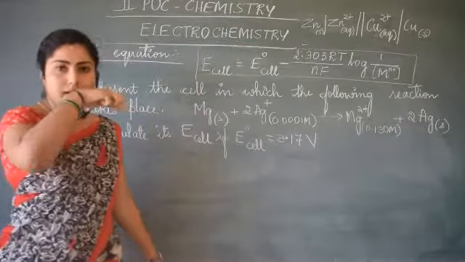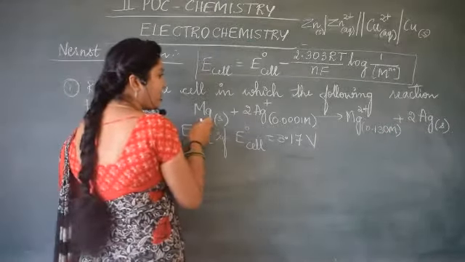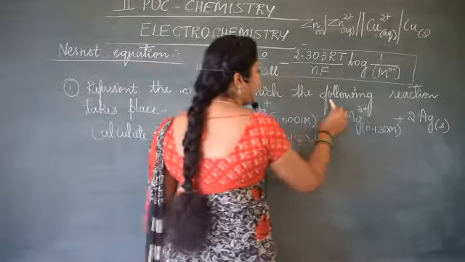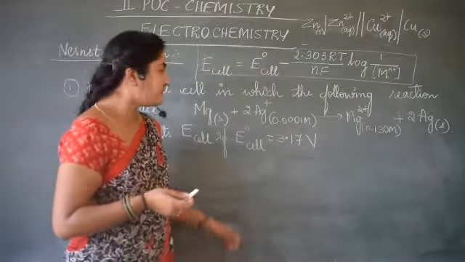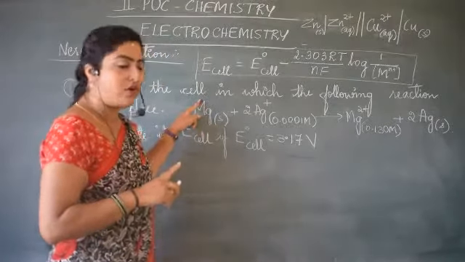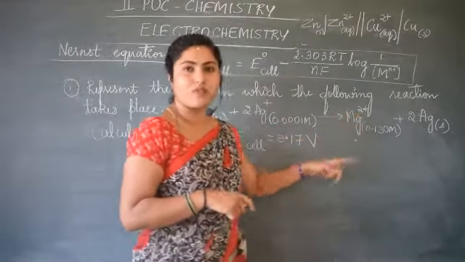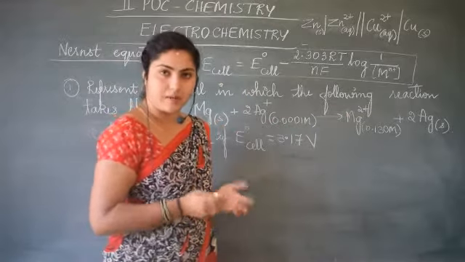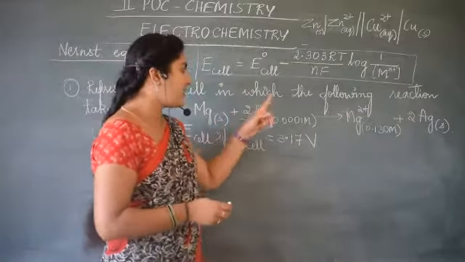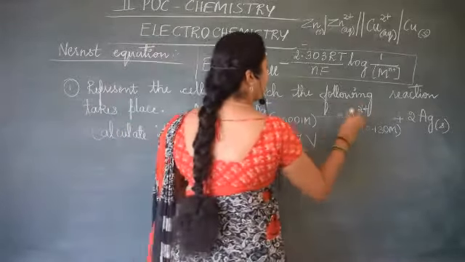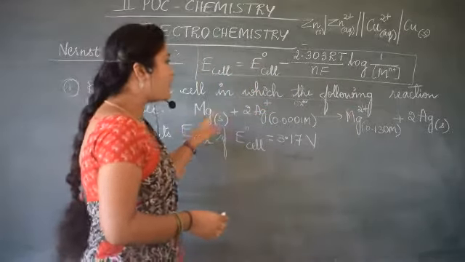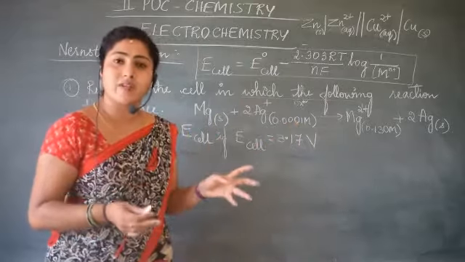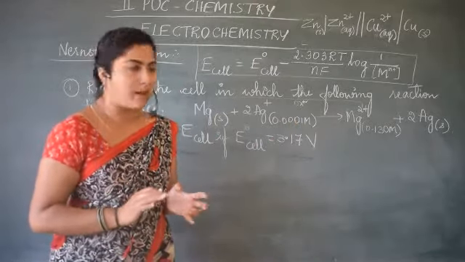Here, if you observe, magnesium is getting converted into Mg2+. Is it oxidation or reduction? Mg was 0, now it has become +2. So oxidation is taking place, and Mg and Mg2+ constitute the oxidation half cell.